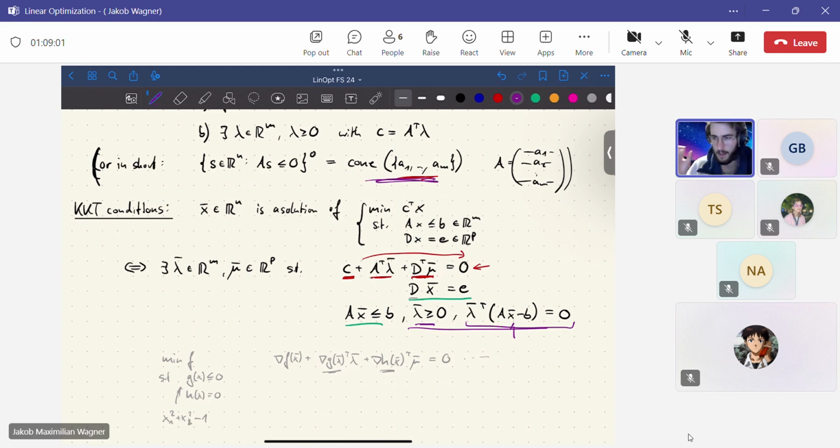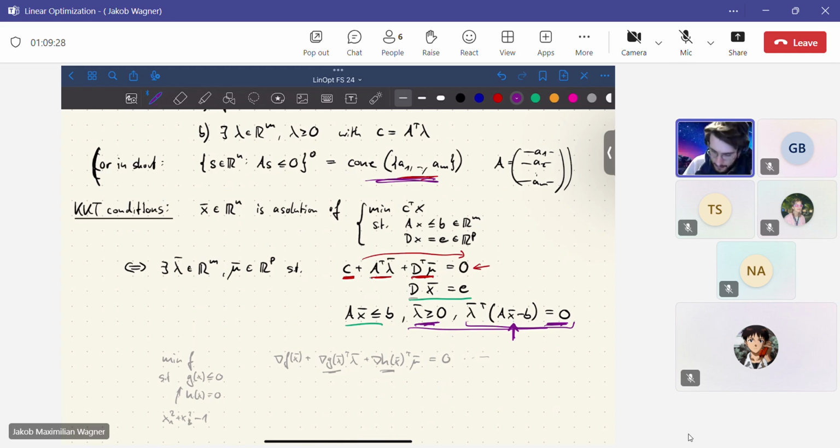an inequality is inactive, well, we don't have the equality case, then the corresponding entry in this Ax minus b is not equal to 0. And then for this whole scalar product of lambda and this Ax minus b to be 0, we need that the corresponding entry of the lambdas is equal to 0.